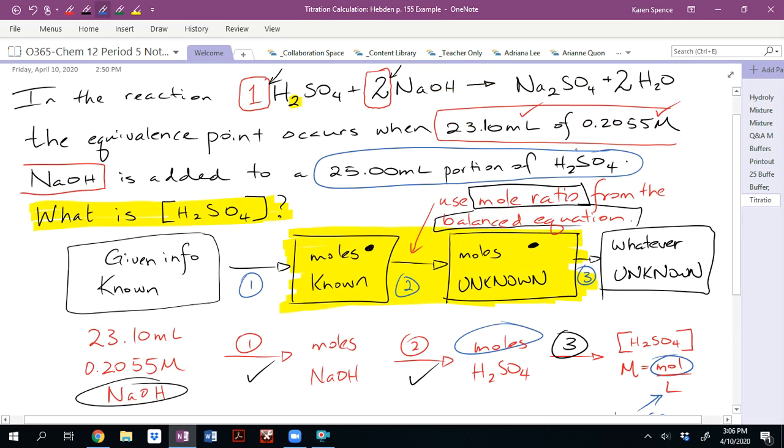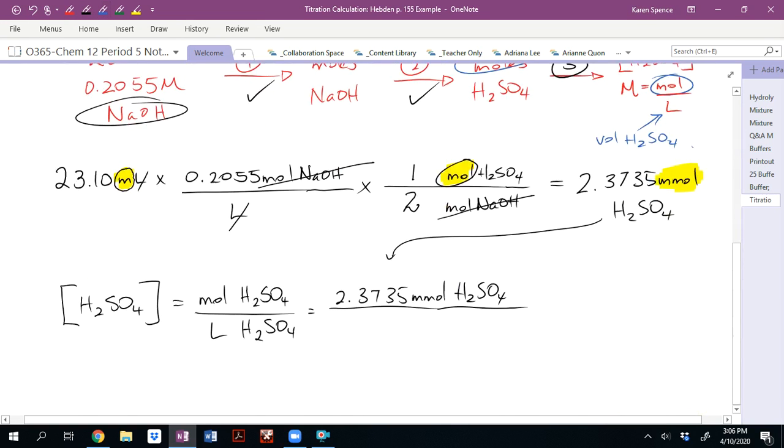That's the volume of H2SO4 that contains the millimoles we calculated.